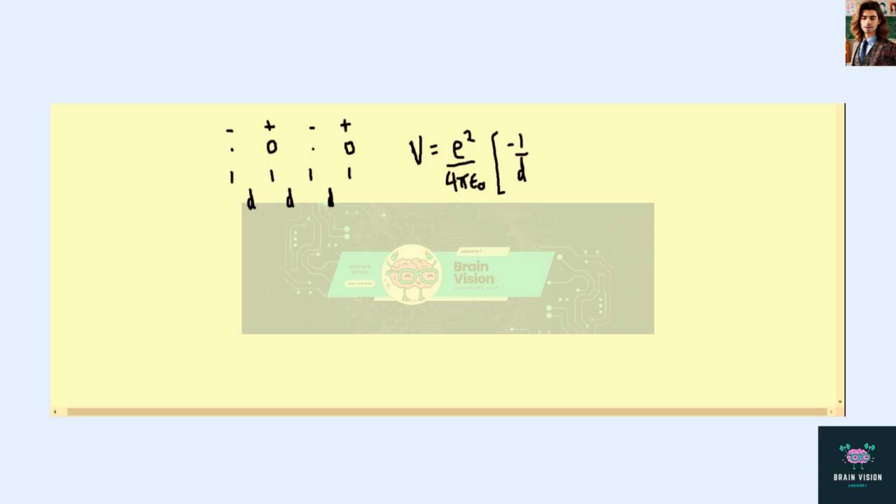So that's negative 1 over d, and it's negative because it's an attractive interaction.